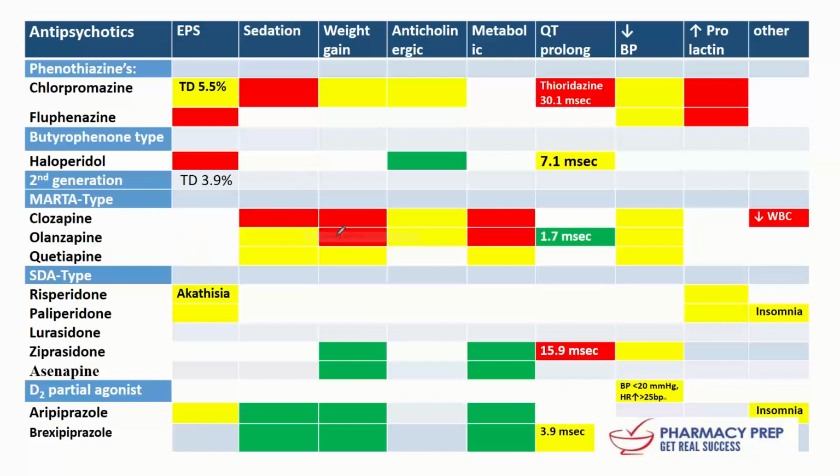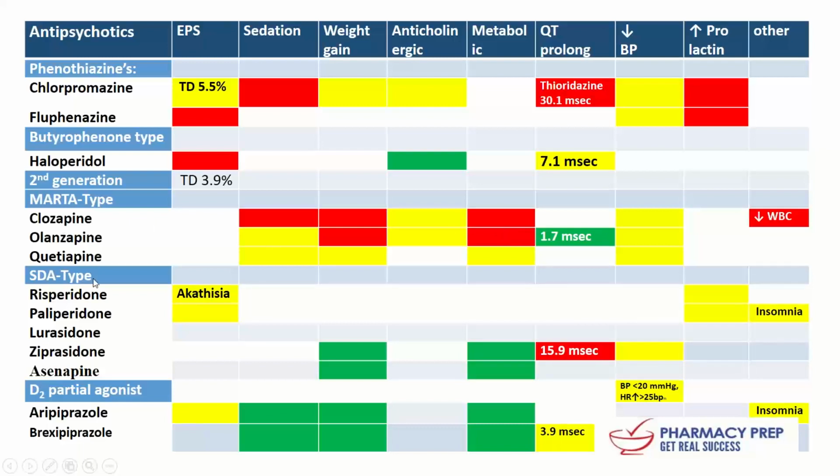Otherwise, you also have to look at other comorbidities, because olanzapine and quetiapine can have other problems, which I will discuss in a minute, especially weight gain and metabolic side effects. If a person is already overweight and has high cholesterol or diabetes, then olanzapine is not a good option.